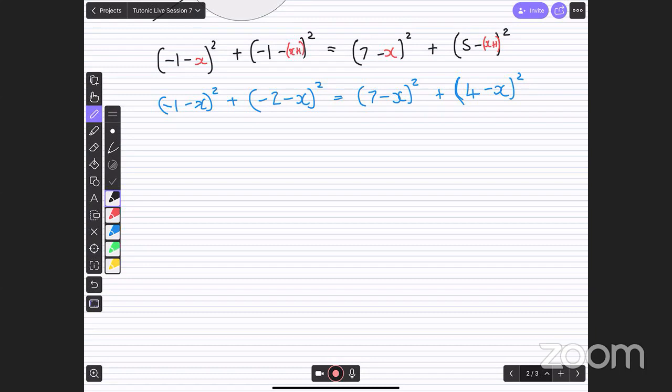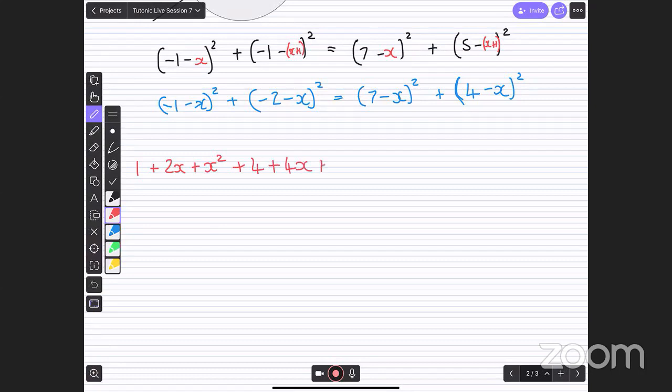You'd have 1 plus 2x plus x squared, and then you'd have 4 plus 4x plus x squared. Does everybody agree? So it's going to be minus 1 times minus 1, which is 1, minus 1 times minus x times 2, which is 2x, right? And then next, you'd have 4 plus 4x plus x squared.